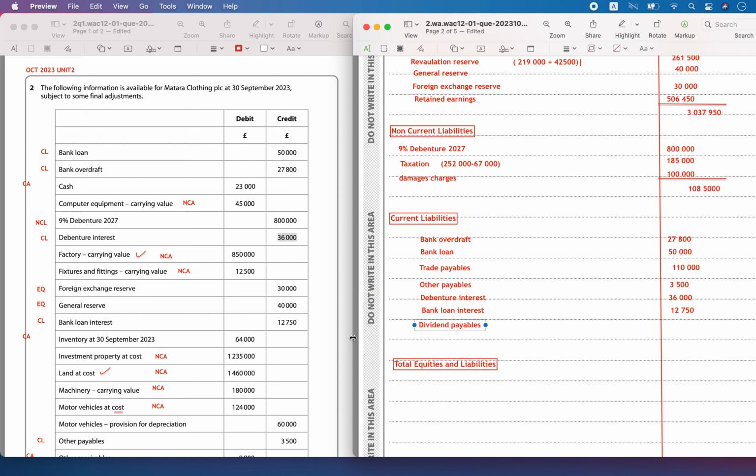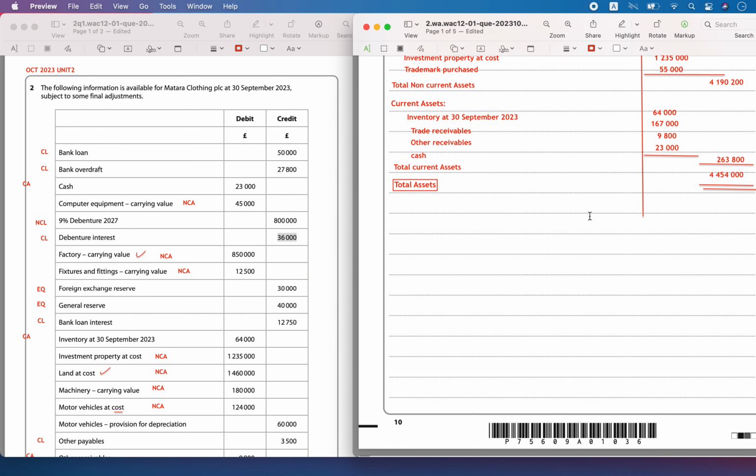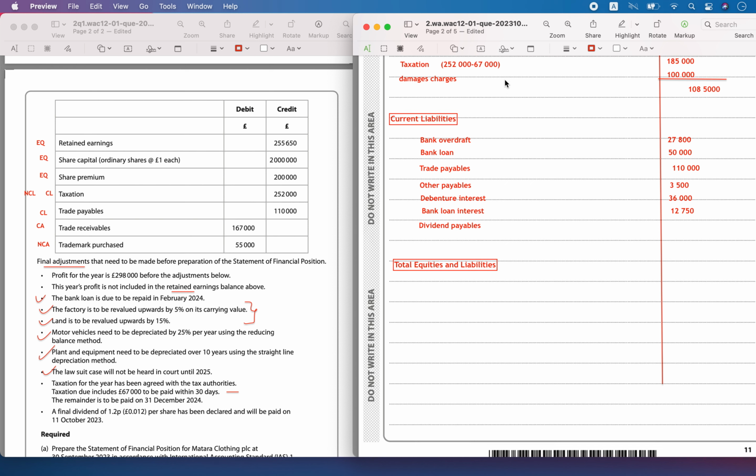And then bank loan interest is 12,750, and dividends payable we had already calculated: 0.012 times 2 million, that is equal to 24,000.